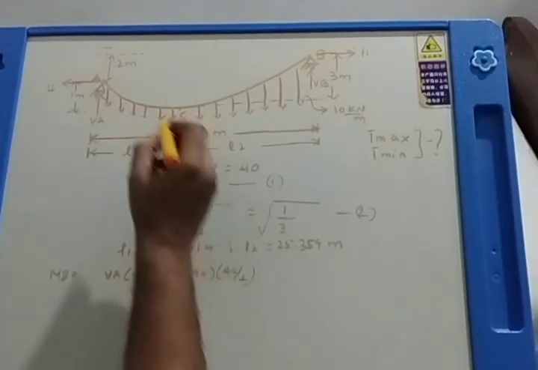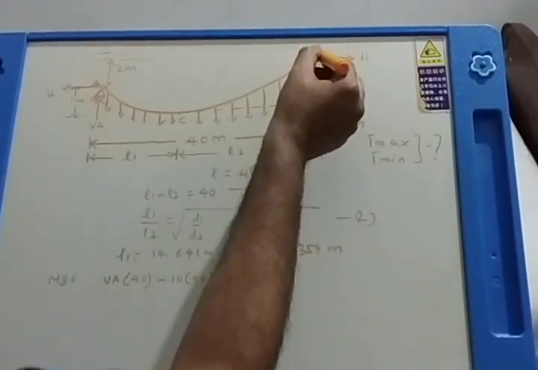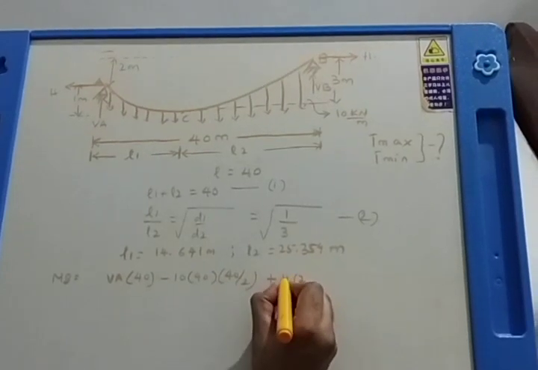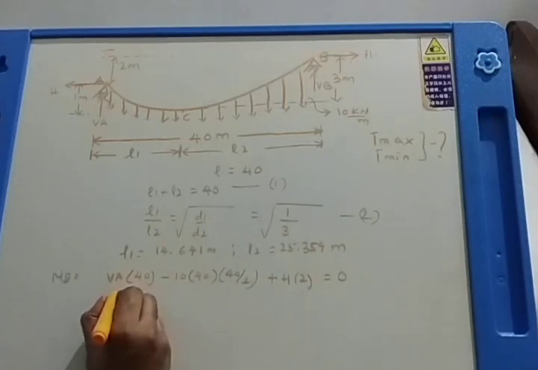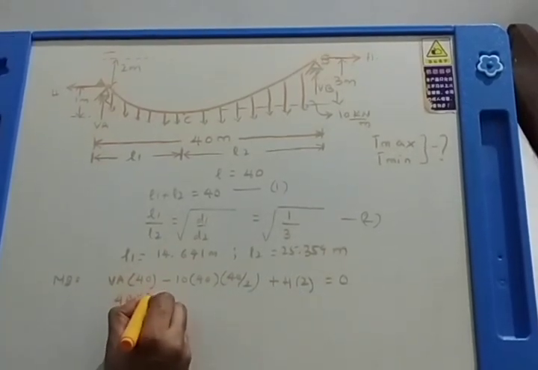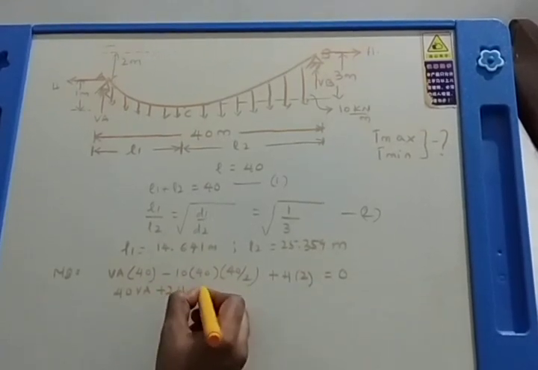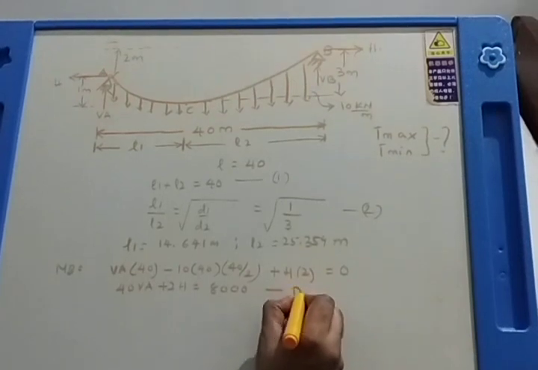Then moment due to H: you can see H is at the lower level and acting away, so moment about B should be clockwise, plus H into 2, is equal to 0. So with that you are going to get the equation 40 VA plus 2H is equal to 8000. We call this equation A.